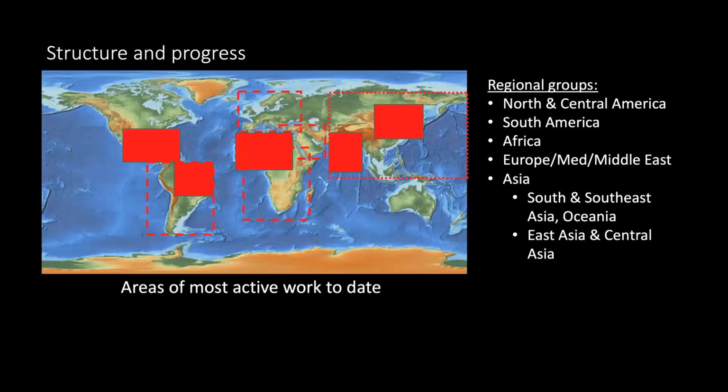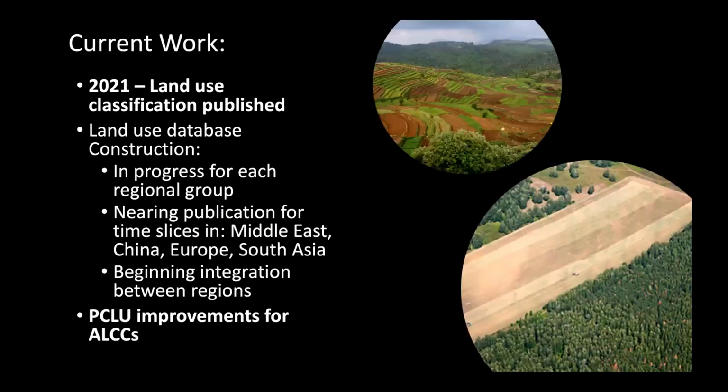So we have, as we said, regional groups working independently on the different regions of the world, trying to connect the existing archaeological data to this classification structure. And those projects are all actively ongoing, connecting this data and trying to produce it and get it published, which is a significant challenge.